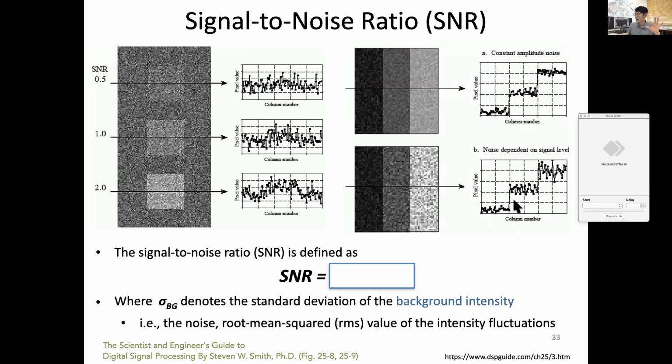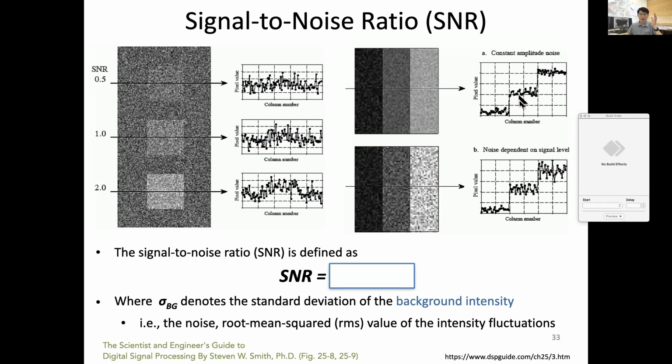You notice that? And in the lower one, when the signal is higher, you see noise is higher too. Both of these you have to understand when you are dealing with imaging and image analysis. And I have to say, this constant amplitude noise is more likely to come from electronic noise, so it doesn't depend on the level of the signal, okay?